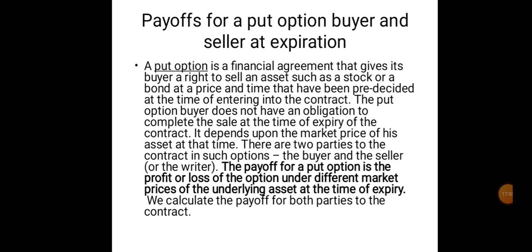It depends upon the market price of his asset at that time. There are two parties to the contract in such options, that is the buyer and the seller. Okay, the payoff for a put option is the profit or loss of the option under different market prices of the underlying asset at the time of expiry.